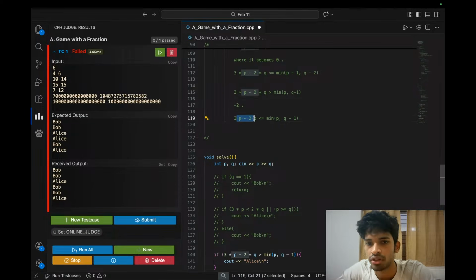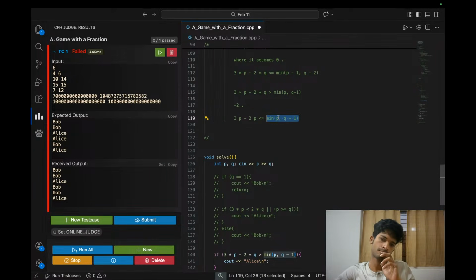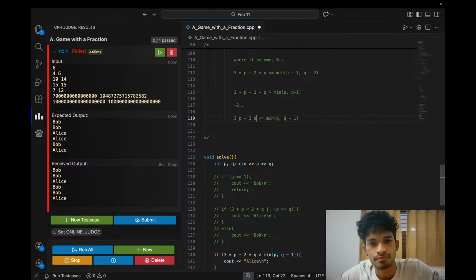No, when this value reduces by 1, only one of them will reduce. Alice will increase this.